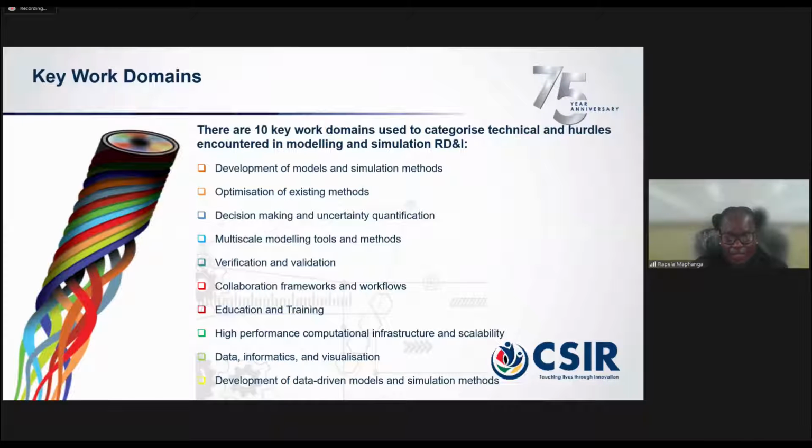Some of that data has never been explored or utilized fully. So that's an emerging area where modeling and simulation as a domain can play a huge role. Related to that is the development of data-driven models and simulation methods.